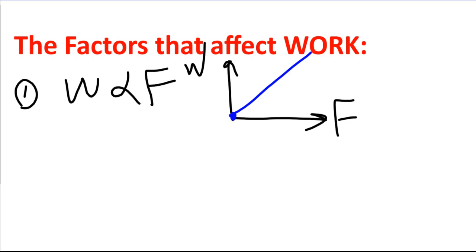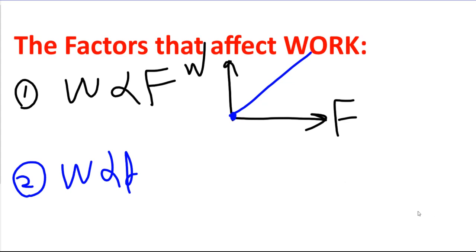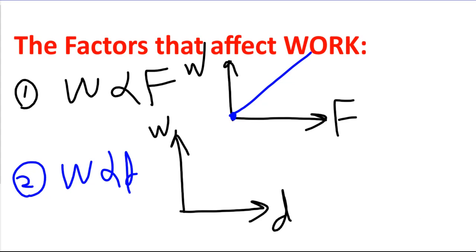As the force increases, the work increases. Number two: work is directly proportional to the displacement of the body, at constant force and angle between the force and displacement. If you want to represent that, we have here work and here the displacement. It's going to be a straight line just like that.